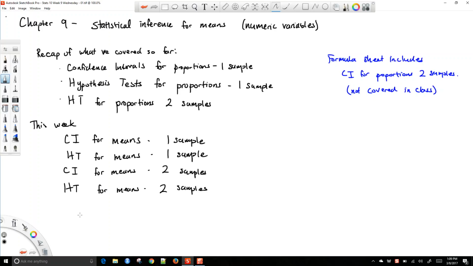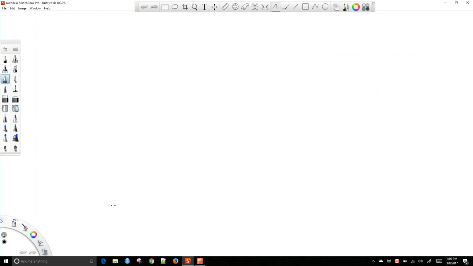Okay. Now, it is a lot of stuff, but if we've got a grasp on confidence intervals for proportions and hypothesis tests for proportions, all of this stuff, it's pretty much the same thinking, same logic. It's just the formulas have changed and the table has changed. Okay. All right.